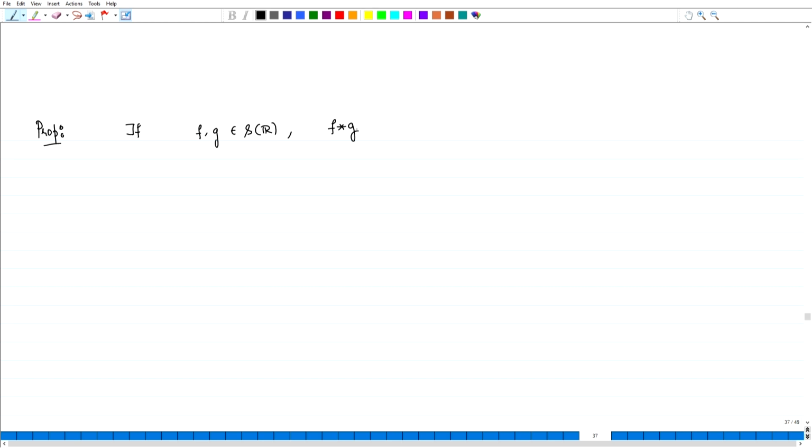We have even studied how, with moderate decay, we were able to define f convolution g. In this case, f convolution g also belongs to the Schwartz space. To see this for Schwartz space, first we will check that they are infinitely differentiable, and that the function as well as all its derivatives have rapid decay.